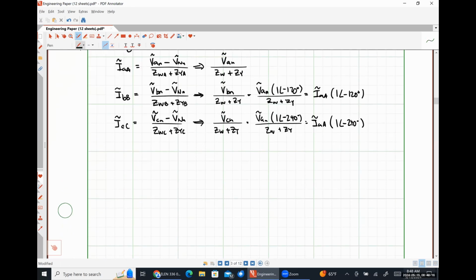So we did all of the others by inspection, but now looking at our line voltages at the load.